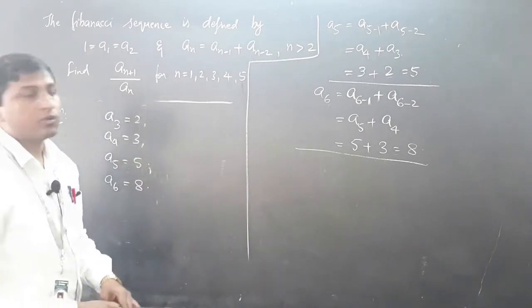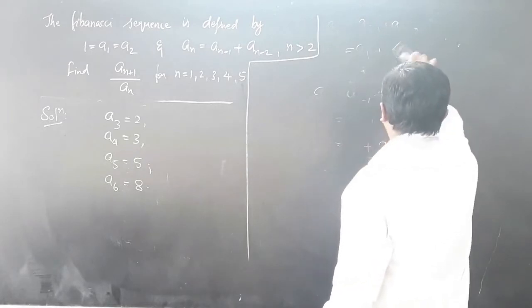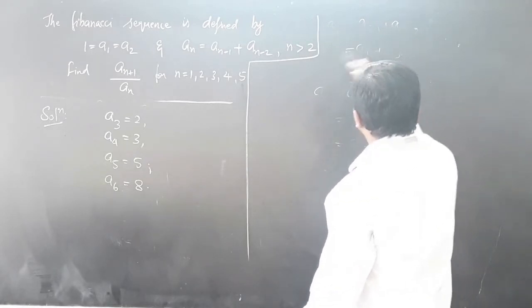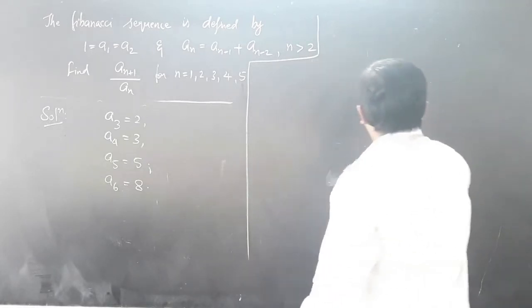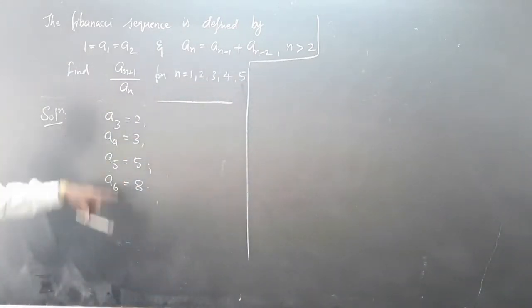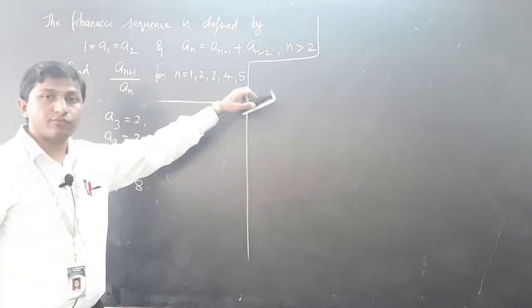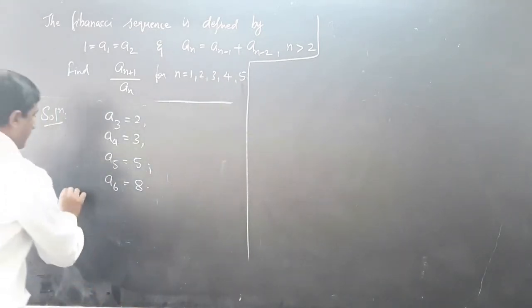Now that we have all the values, we shall find out AN plus 1 by AN for the values of n 1, 2, 3, 4 and 5.